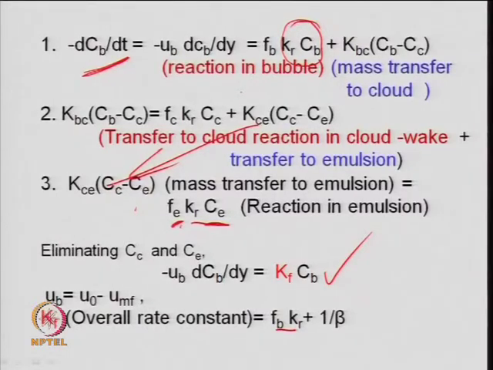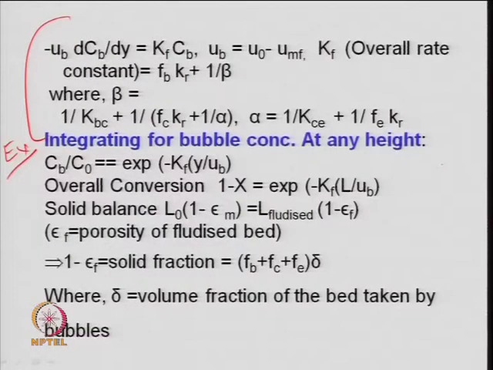So, you can find the overall rate in terms of the bulk bubble concentration Cb, and the other terms are nothing but the contributions of chemical reaction resistance and mass transfer resistance, that is, the cross flow coefficients we are talking about. So, this is what the different terms define. KBC is the cross flow coefficient from bubble to cloud, and this is the kinetic term, and this is the mass transfer coefficient, or cross flow coefficient on the emulsion side, cloud to emulsion.